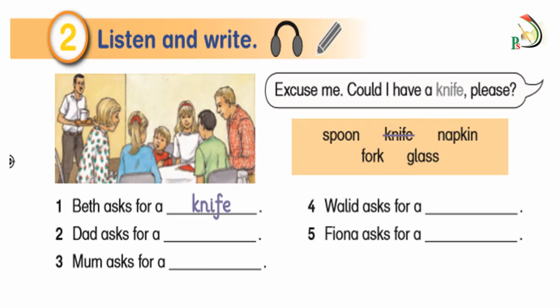In this exercise, I want you to listen to the audio and complete the sentences from the brown box. Okay? Use the words in the brown box to complete the sentences below. Let's read them together before writing.